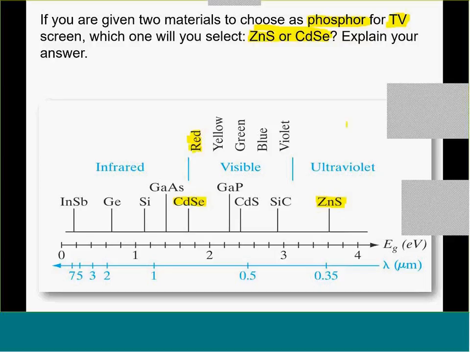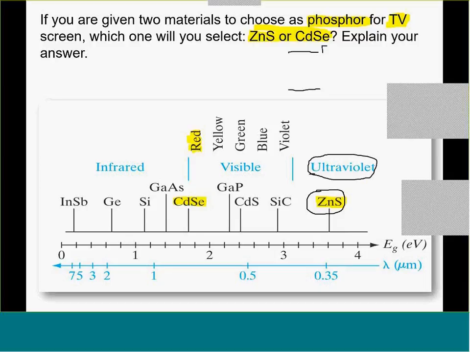So the best choice is to choose zinc selenide. Even though it's going to give ultraviolet light, it's possible for us to introduce traps in it.